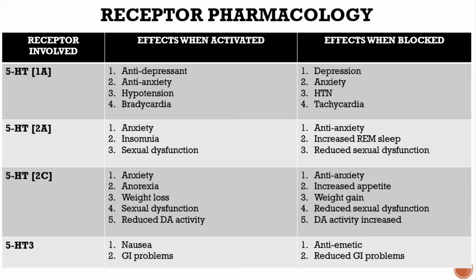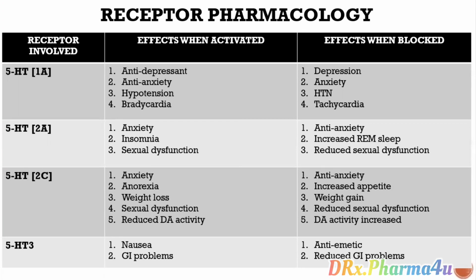Let's come to the first receptor, the 5-HT1A receptor. If any medicine is activating the 5-HT1A receptor, what will happen? It has antidepressant activity. It has anti-anxiety activity, but it reduces your blood pressure.